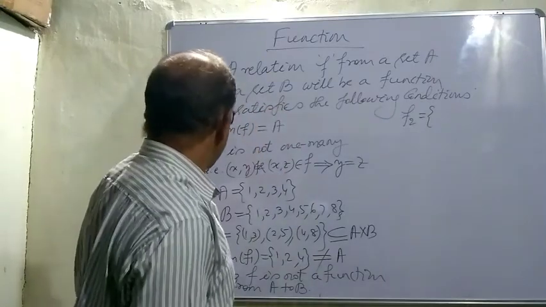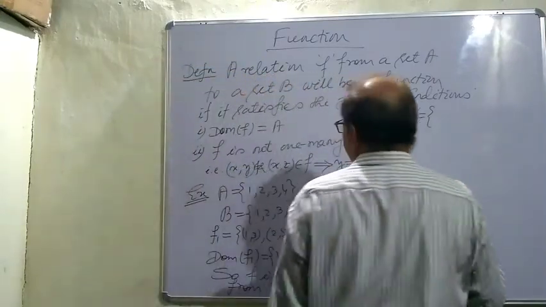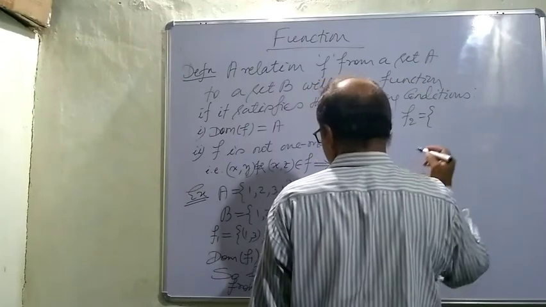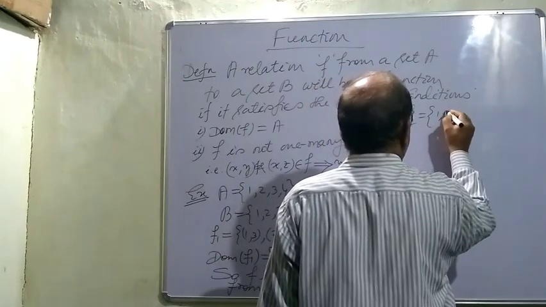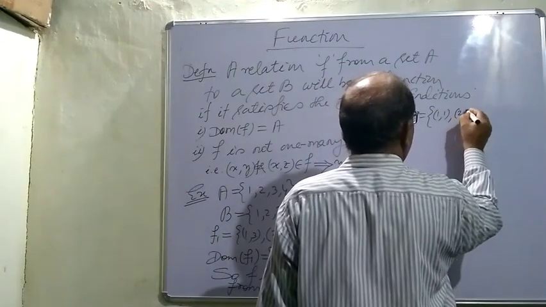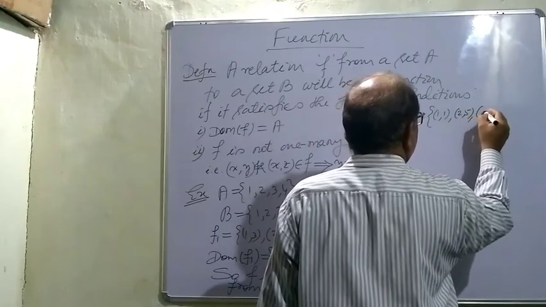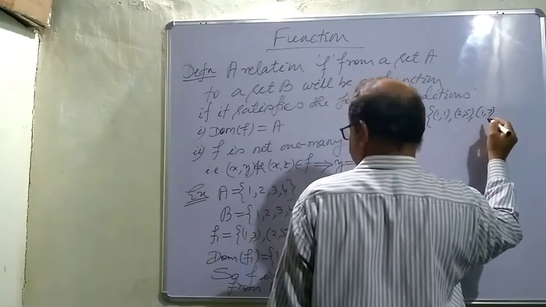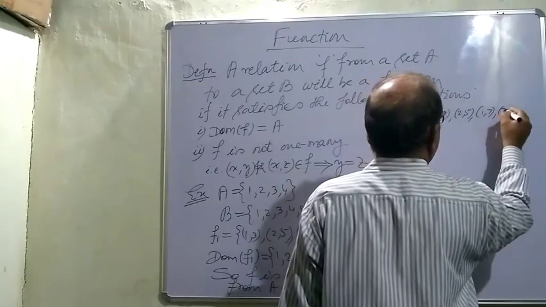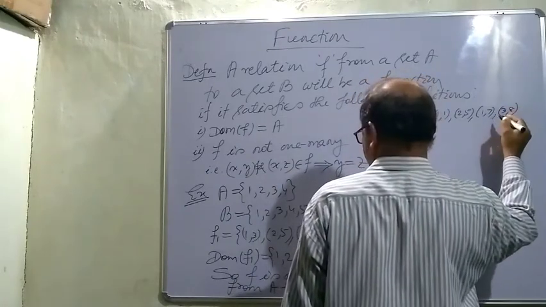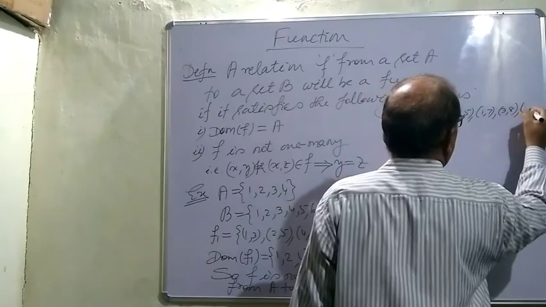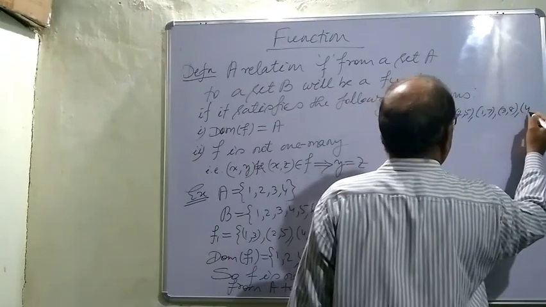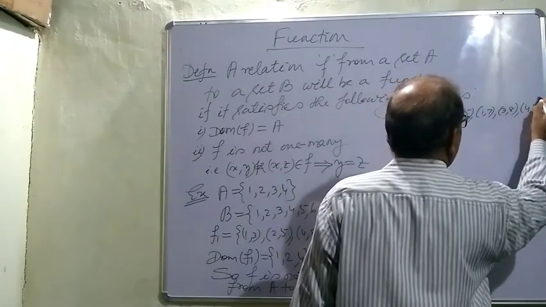Next, F2. Let us try to make the domain equal to A. F2 is {(1, 1), (2, 5), (1, 7), (3, 8), (4, 2)}.